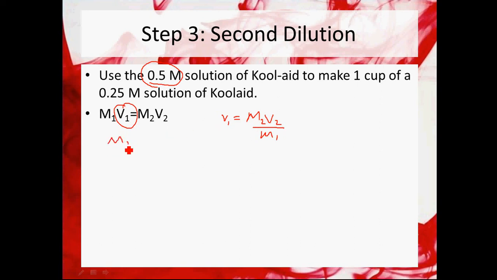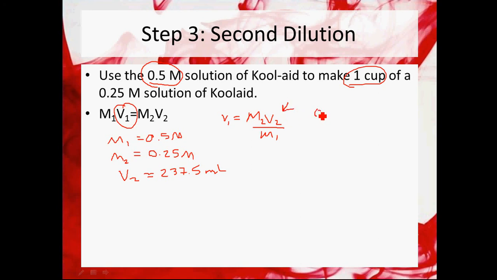Our M1 is going to be 0.5 molar, because that's the solution that we're using to make our second solution. Our M2 is the molarity of the solution that we're making, which is 0.25 molar. And then V2 is how much of the solution that we want to make. We said it was 1 cup, and that is 237.5 milliliters.